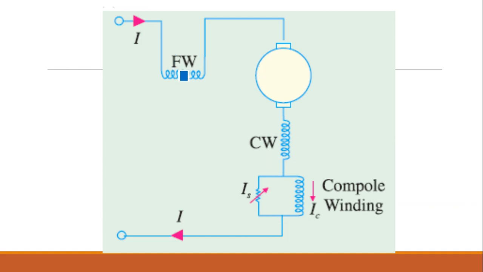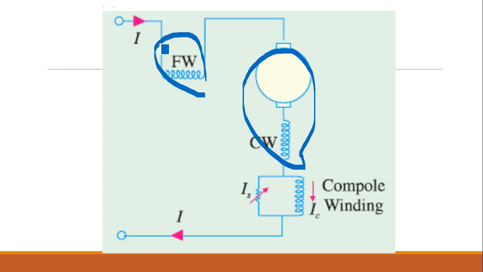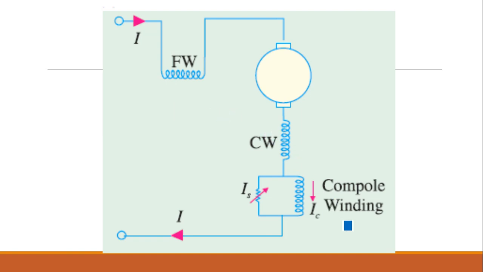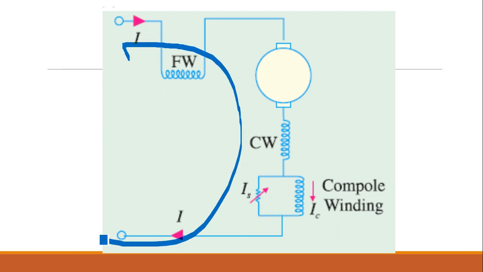The reactance of armature and compensating windings almost cancel each other, and the field winding already has reduced number of turns, so to compensate the total inductive effect there should be an interpole or compole in series to the armature. Again the compole will also have a current opposite to that of the armature current to reduce the flux effect. So this is the compole winding, and almost this is the final circuit of the AC series motor.